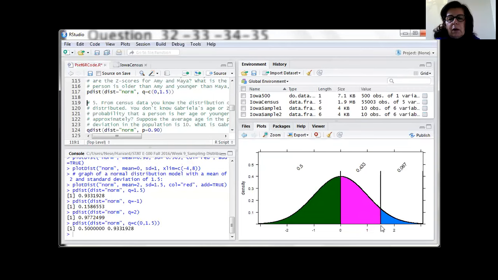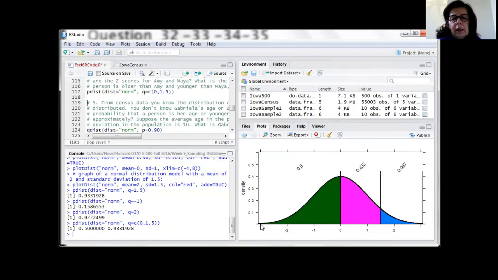So the proportion of people who are younger than Maya is this amount plus this amount, which R is already calculating for you. It is 0.93. That is the proportion.